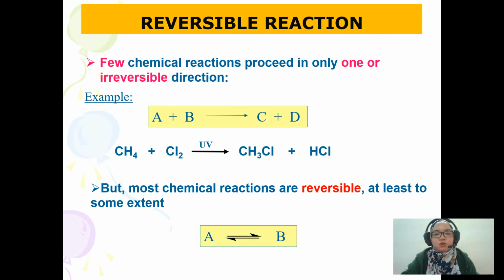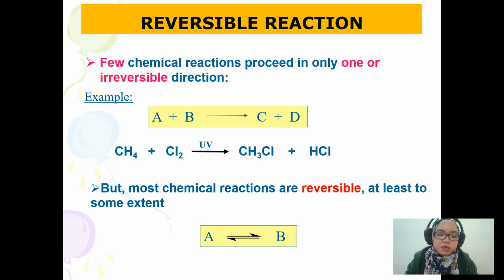Okay, so basically in chemistry there are two types of chemical reaction, which is non-reversible reaction or irreversible reaction, and second one is reversible reaction. So there are only few chemical reactions that proceed in only one or non-reversible direction.